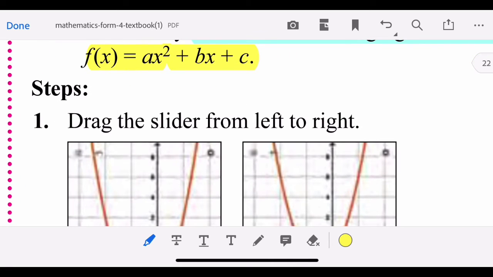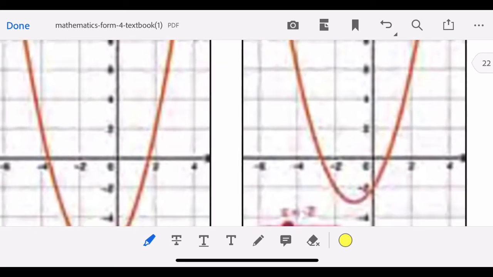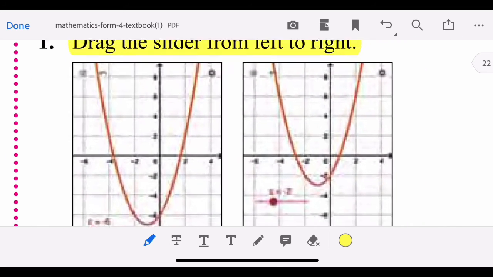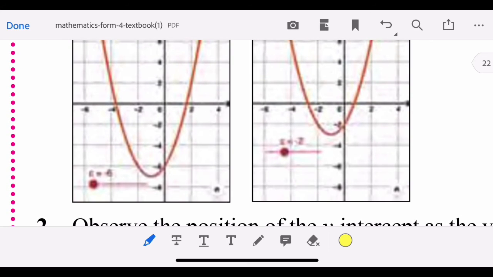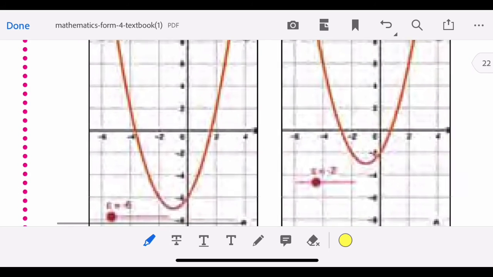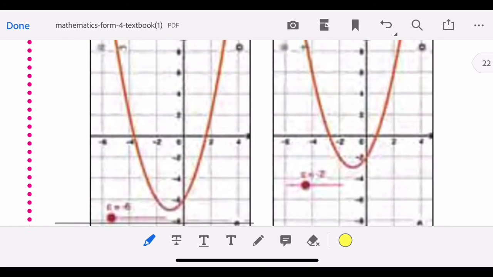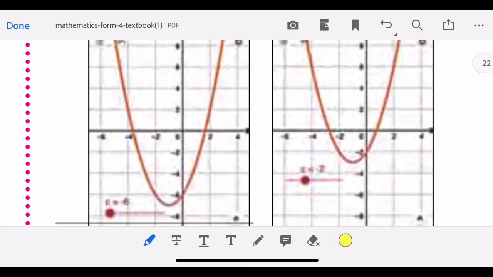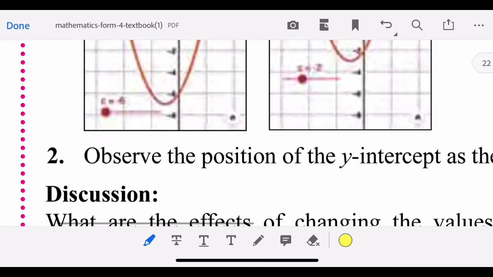You need to drag the slider from left to right. When you drag from left to right, the left is a smaller number and the right is a bigger number. So the graph shifts upward.